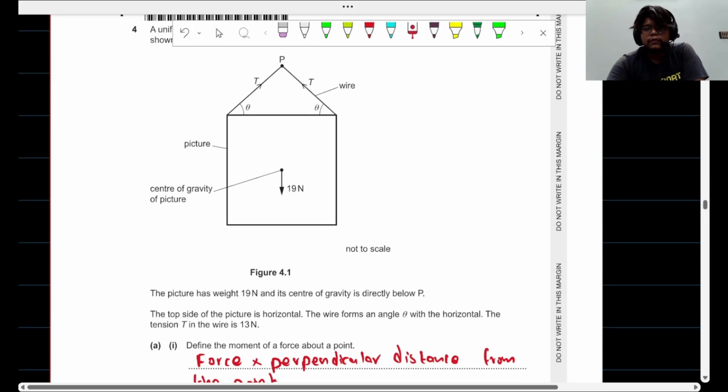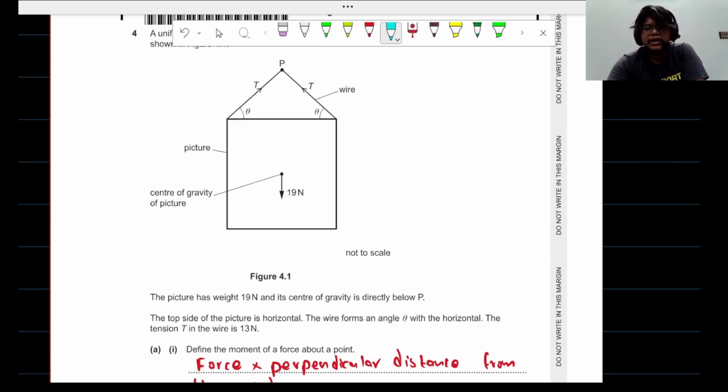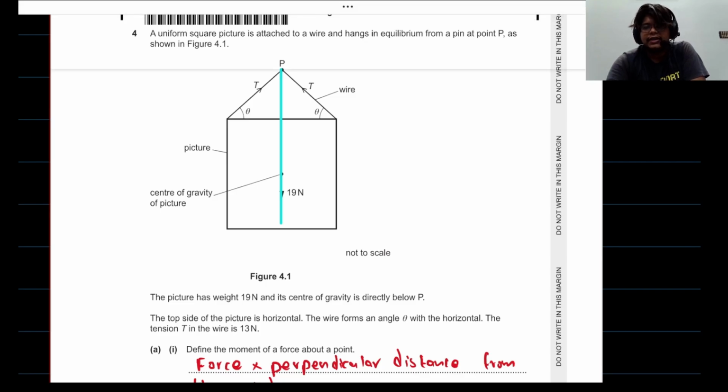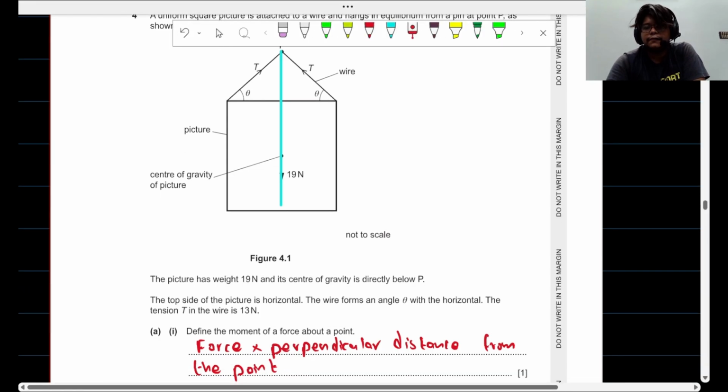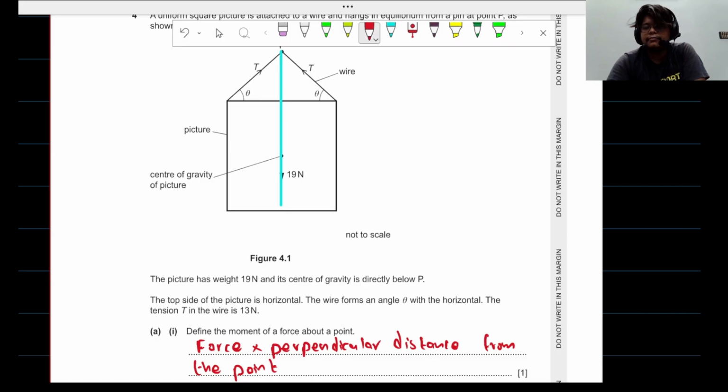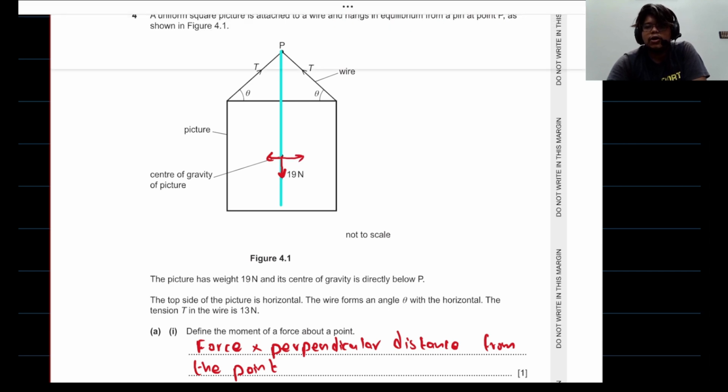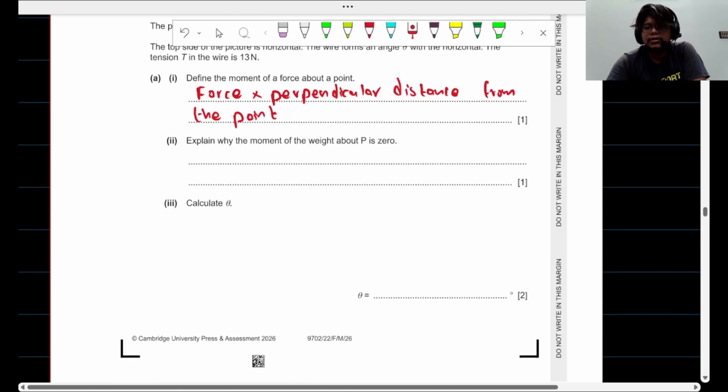So why is the moment of the weight about P 0? If we take P as the pivot, the point about which we are taking moment, the weight is in the line of action of the force. So it won't have any perpendicular distance, because this is the direction of the force. The only perpendicular distance would be this horizontally, right? But it is parallel to the line of action.